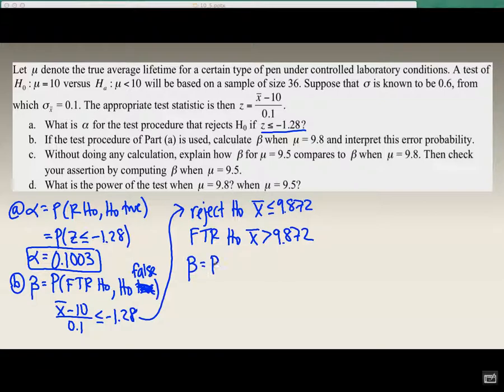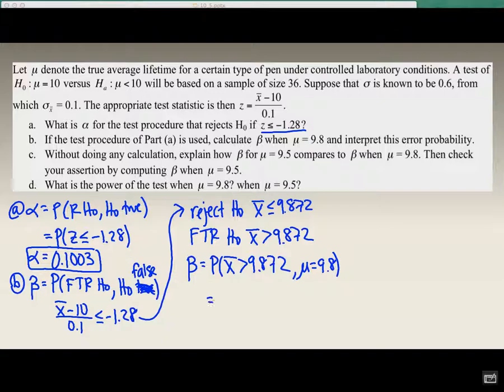So beta is the probability that x bar is greater than 9.872 when the null is false. Our null is false because you're told that mu equals 9.8. So this is what we need to calculate: the probability that x bar is greater than 9.872 when mu equals 9.8.